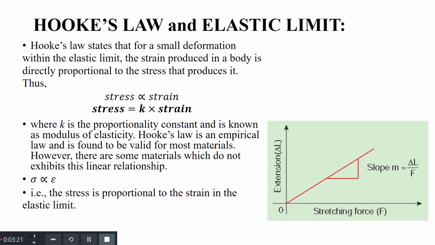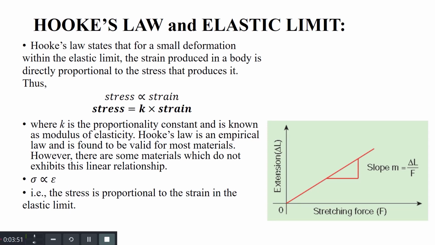Hooke's law is an empirical law and is found to be valid for most materials. Empirical law means practical law, means Hooke's law is practical for most of the substances. However, there are some materials that do not obey Hooke's law, that do not obey this equation. So overall, generally, stress is directly proportional to strain, provided the elastic limit.